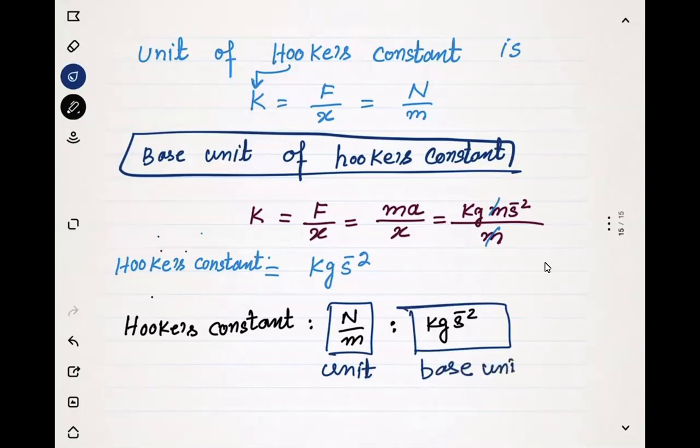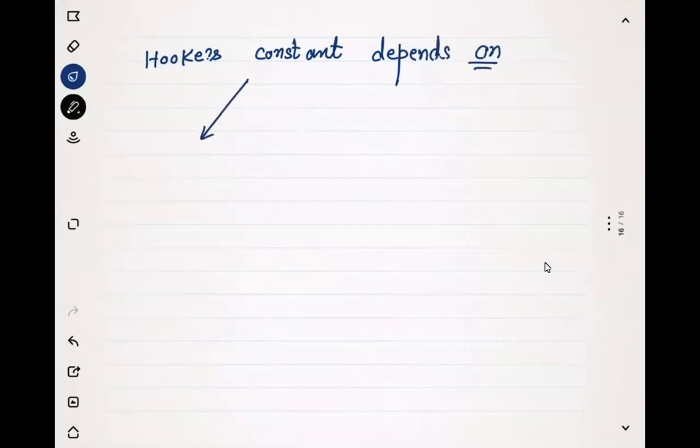If we want to understand Young modulus, first we need to understand the concept of Hooke's constant well. Hooke's constant is basically stiffness, but it is the stiffness of the object. So first of all, we need to understand that Hooke's constant depends on 3 factors in total: the material, the length, and the area.